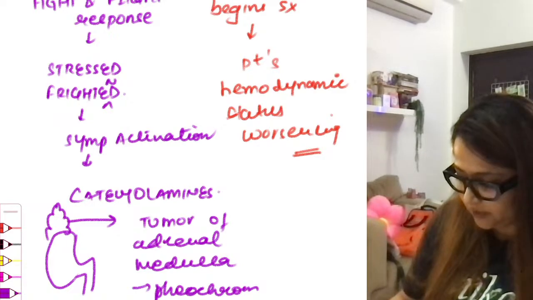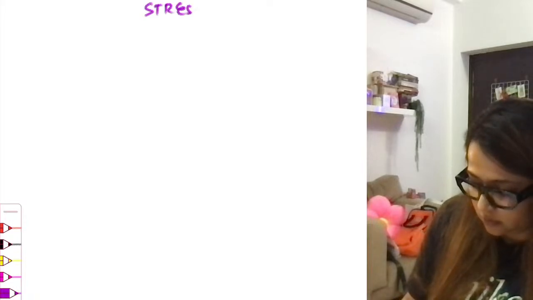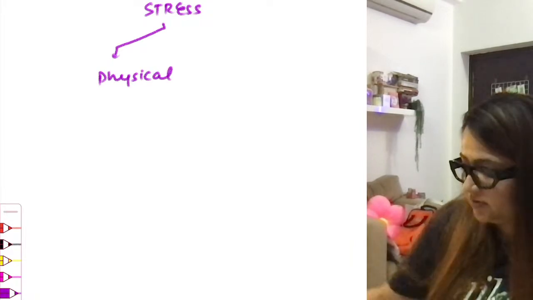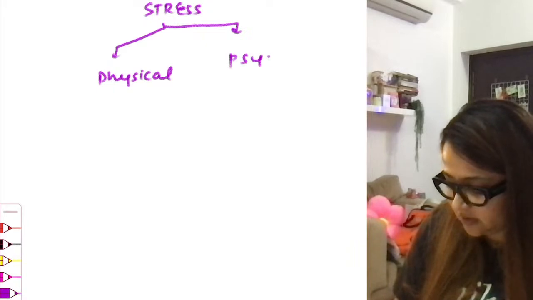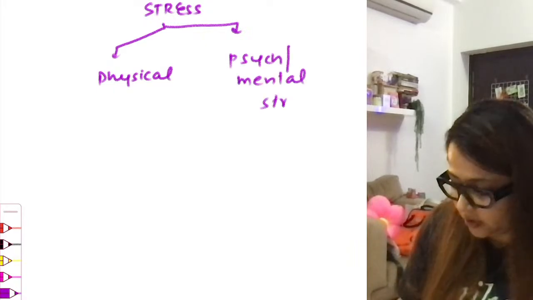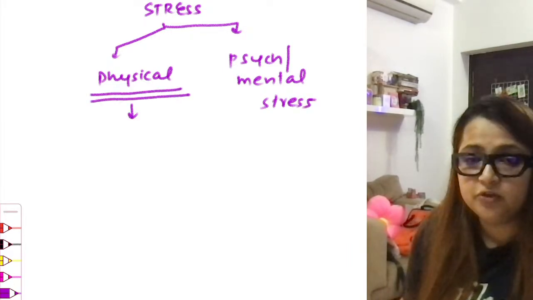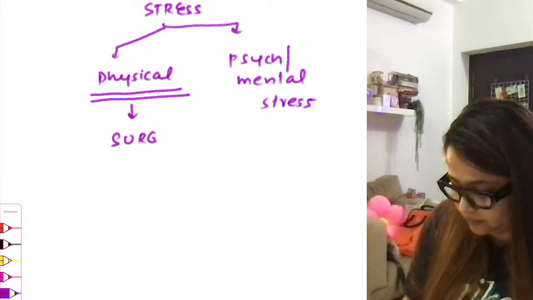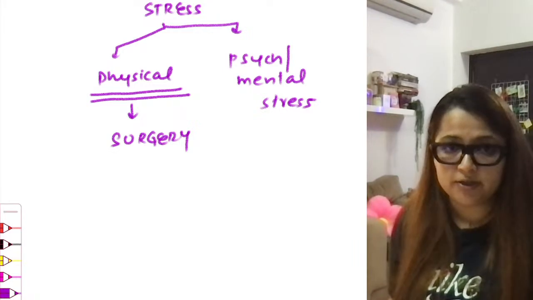So what will happen? If the patient is in stress due to any form, the stress may be physical stress to the body, or psychological, mental stress. Physical stress to the body, one of the reasons is surgery. Surgery is a kind of physical stress to the body.